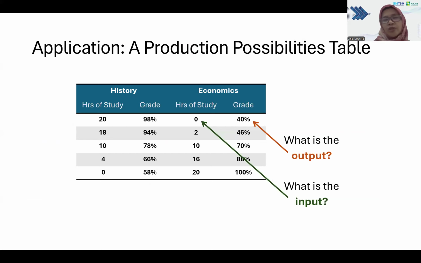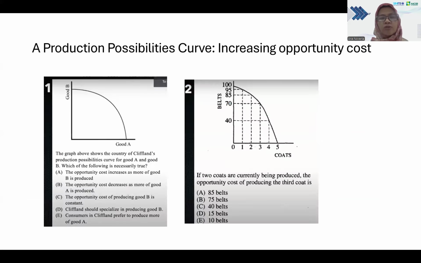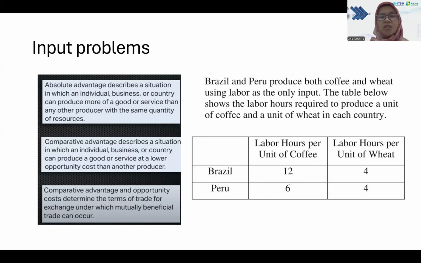Output here is, in this case, coats and belts, good A, good B. But we can also have something that is based on the input, in this case the labor hours used, machine hours, or how much of the resources used. That is an input problem.